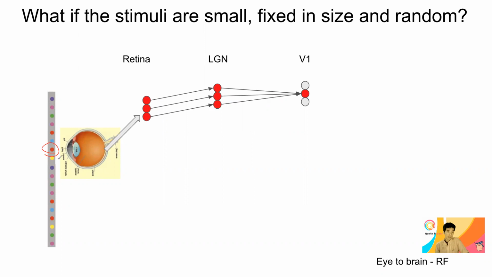Right now, while you're fixating here, you may be able to say that you can see something light, bright here, but you can't really see the different shades of color around here if you don't move your eyes from here, right? And why is that the case?